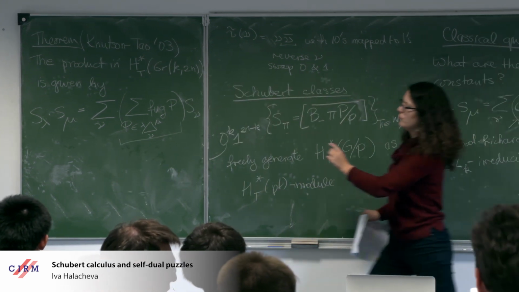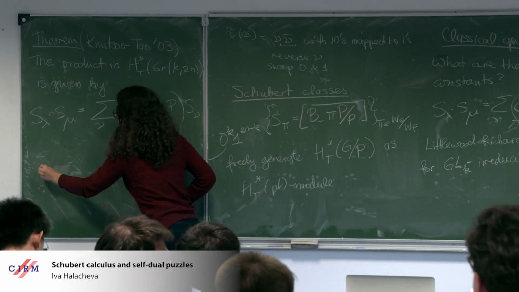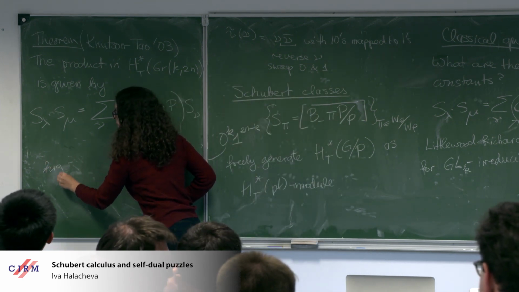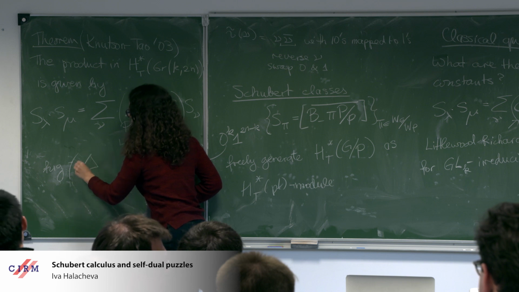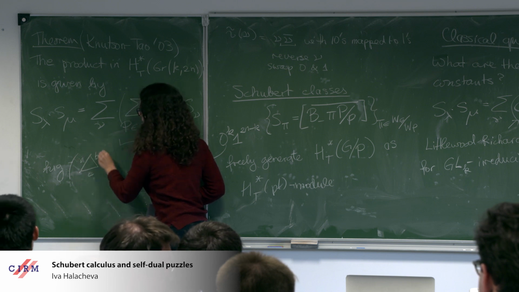And let me tell you how to determine the fugacity of a puzzle. So the fugacity of any little triangle with any labels A, B, and C is always 1.